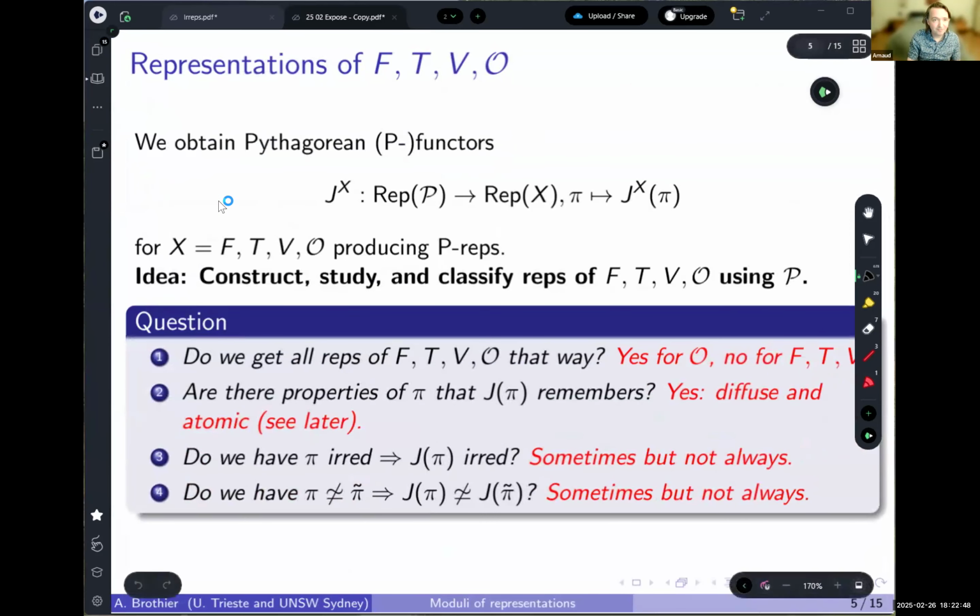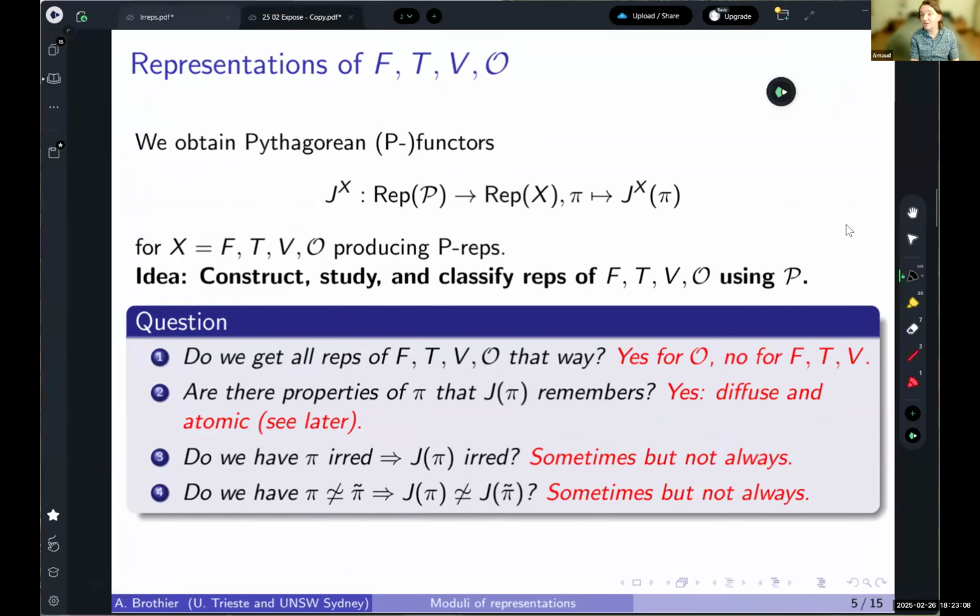So now I have my 4 functors. And what we want to do is to construct, study, and classify representations of FTVO using this easier C-star algebra to deal with. The one that is basically Cuntz, but you're missing the relation that gives you isometries. Okay.